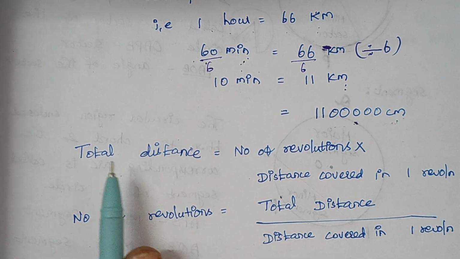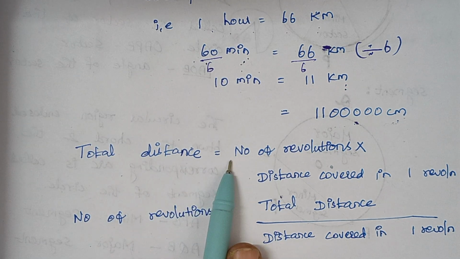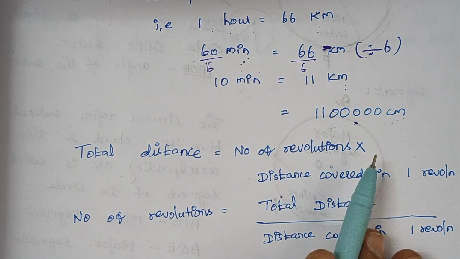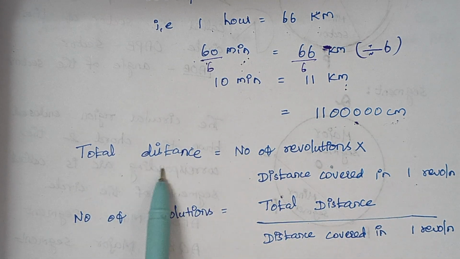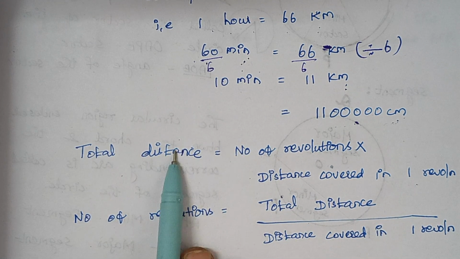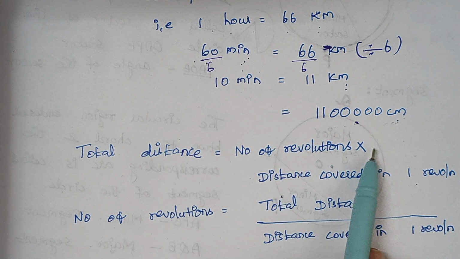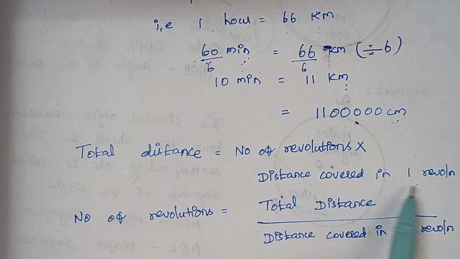Total distance is equal to the number of revolutions multiplied by the distance covered in one revolution. Can you understand this formula? I'll show you in a simpler way.